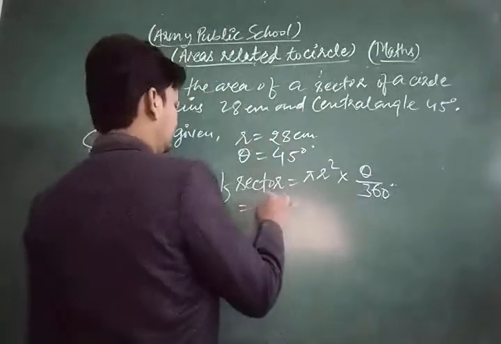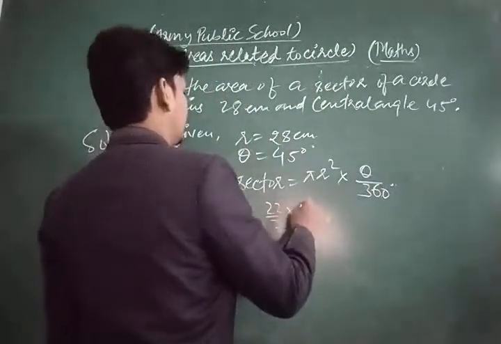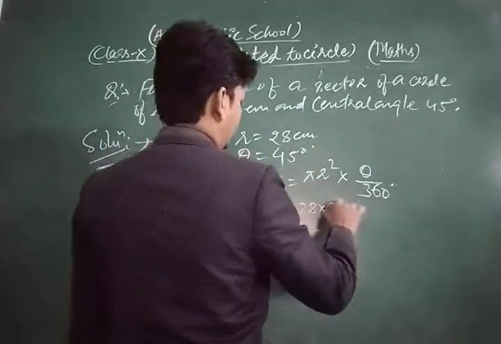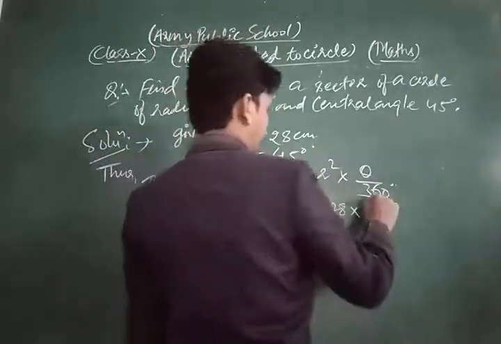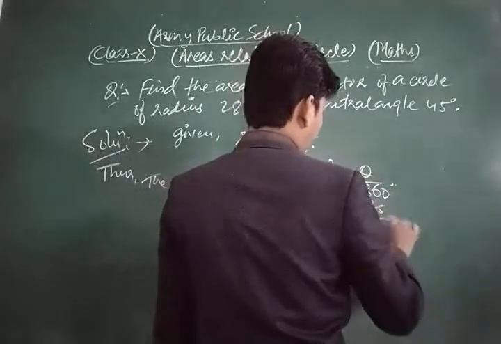Now 22 upon 7 into r square is 28 into 28 into theta is 45 upon 360.